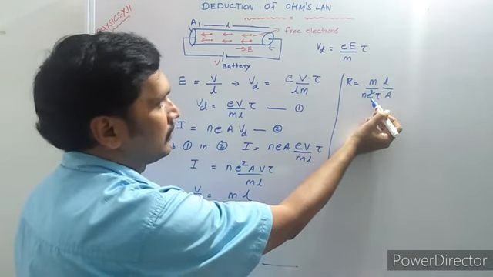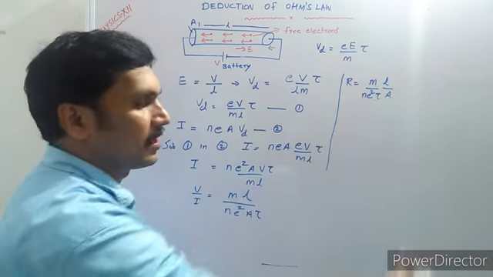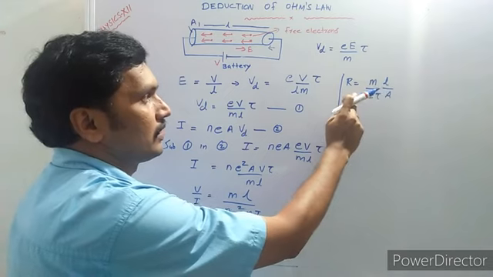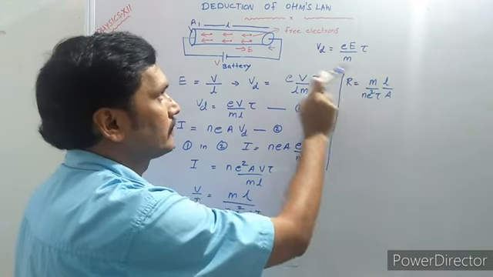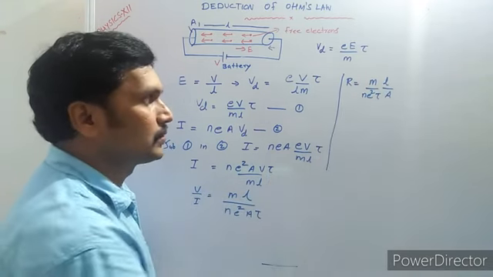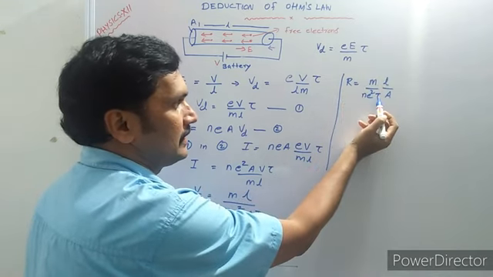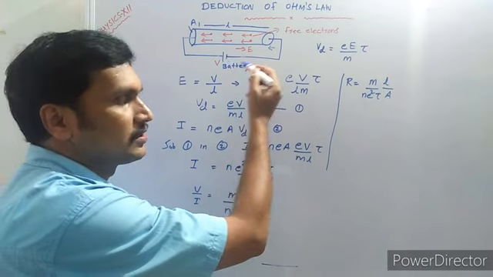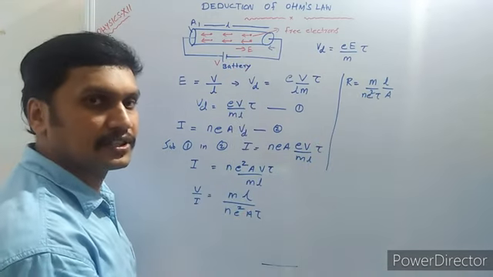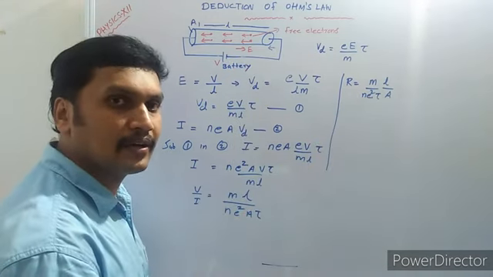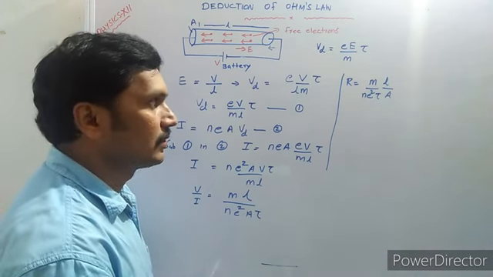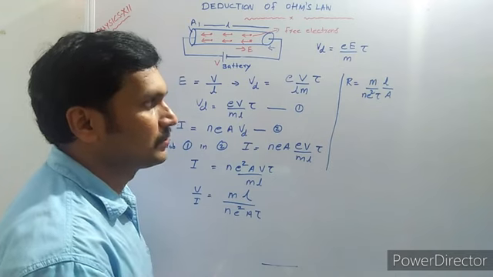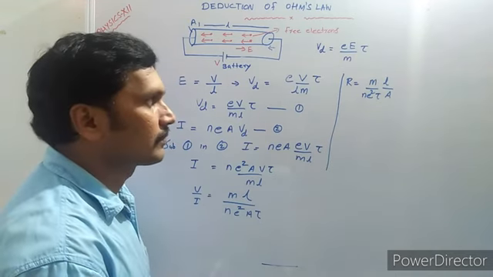The charge of electron is a constant. The area of cross section of the conductor is a constant. So the resistance R of this conductor is equal to m by n e square tau into L by A. The left side is a constant, so all terms on the right side are constant. So actually it proves Ohm's law.